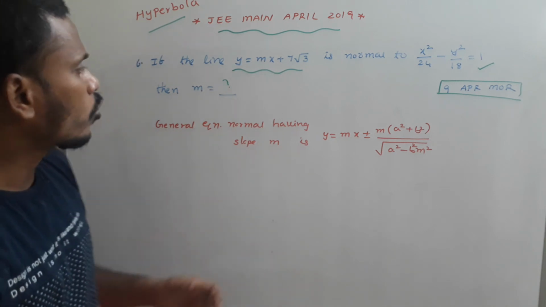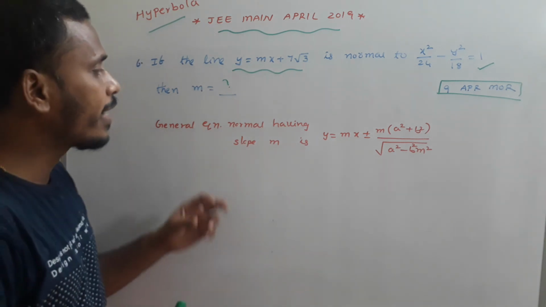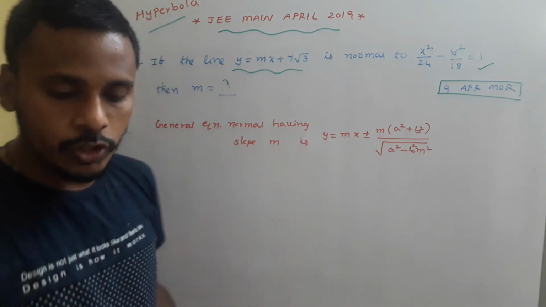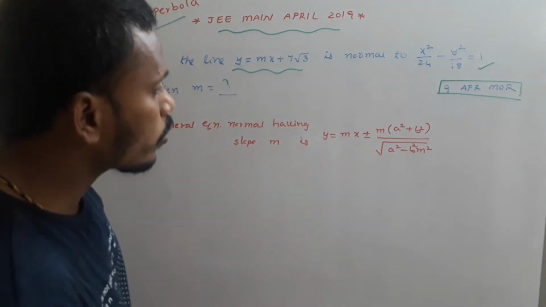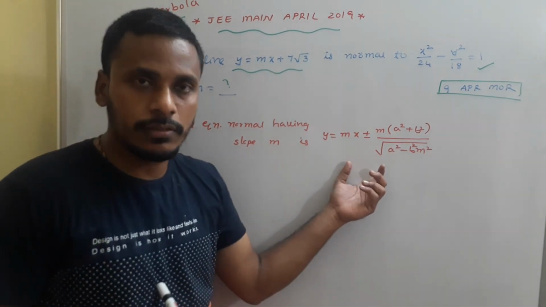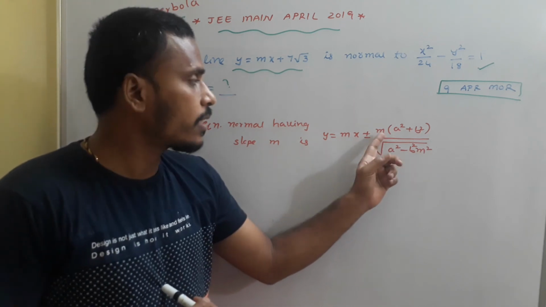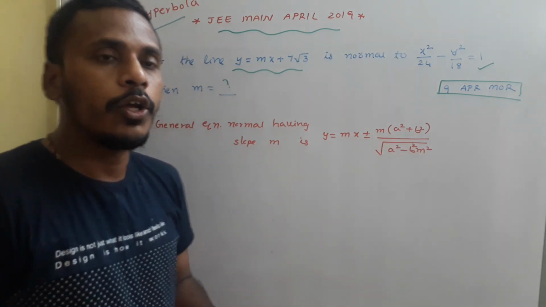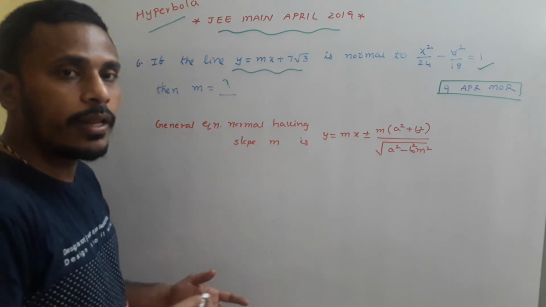So, to solve this problem, we need to know the general equation of the normal having slope m. The general equation of the normal having slope m is y = mx ± m(a² + b²)/√(a² − b²m²).